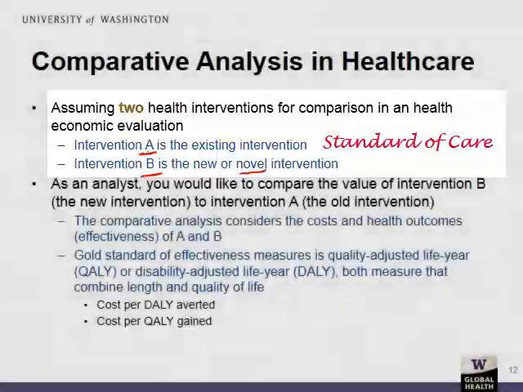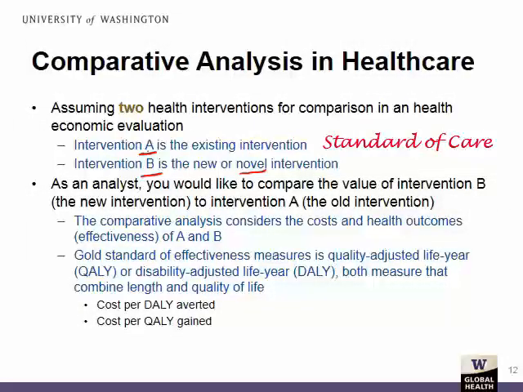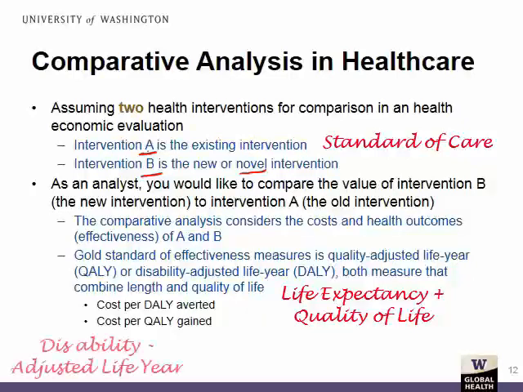Now, the gold standard measure for effectiveness is a measure that combines the life expectancy and the quality of life. And in the third week, we're going to look in detail at these health outcome measures. But there are two that do this, and one is called a disability adjusted life year, or DALY.